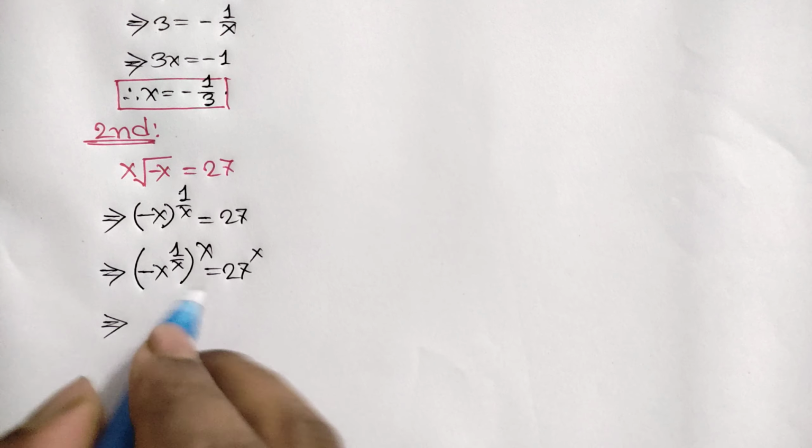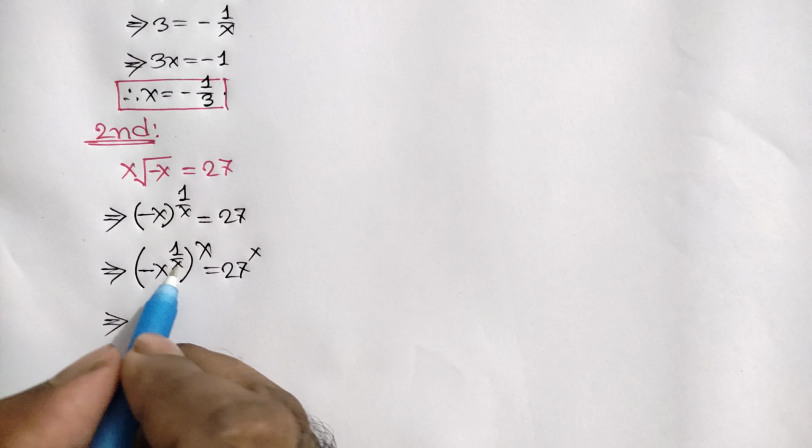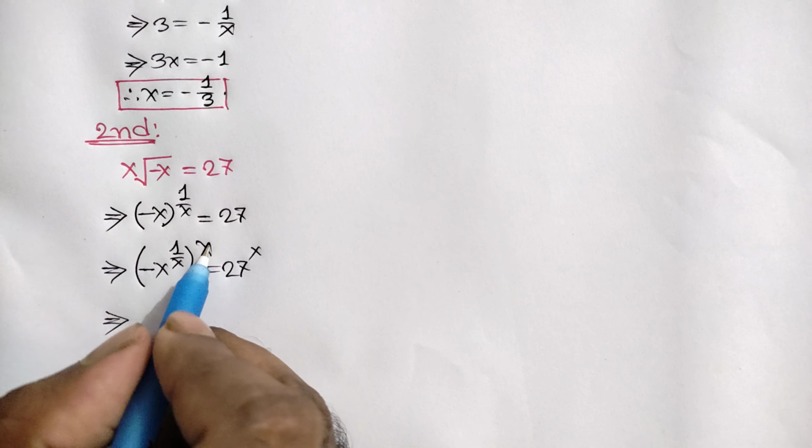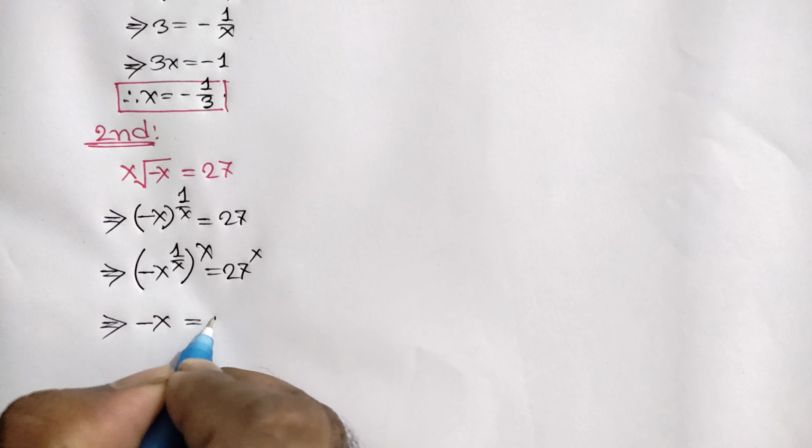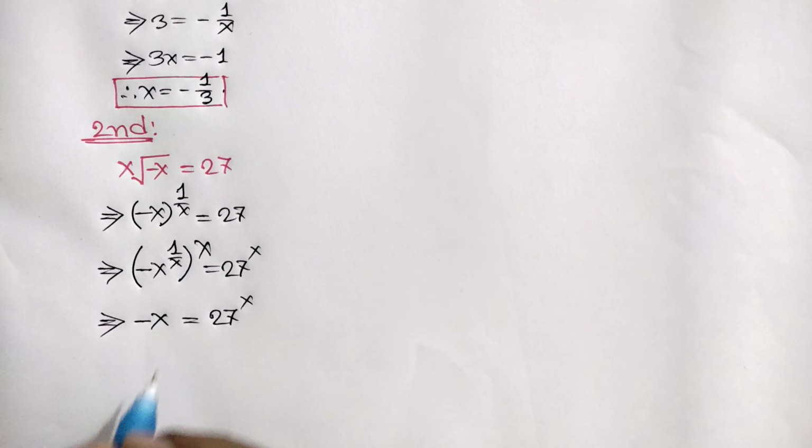Here we will get negative x, because this x cancels out this x, so negative x is equal to 27 to the power x.